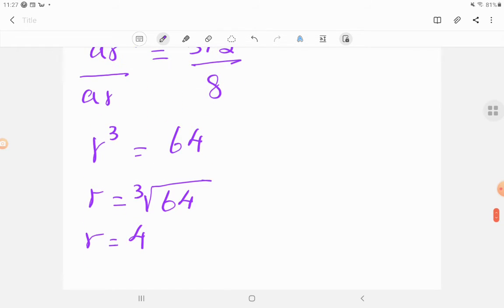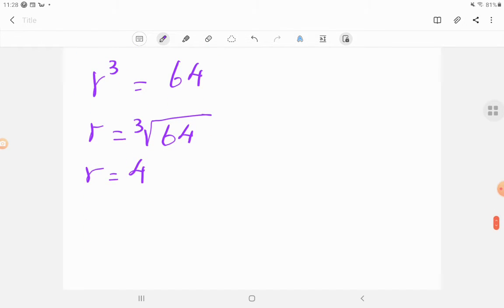And in order to get the first term, which is a, you can just substitute into any of the equations. Always the first equation is the easiest one. We know that the first equation is ar is equal to 8, isn't it? So substitute r is equal to 4 in equation 1.